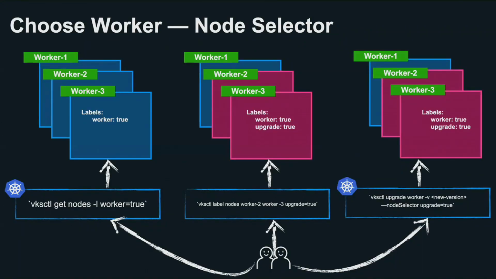In the choose worker phase, we implemented the feature of using a node label selector to choose upgradable workers. Our users can choose to add new labels or use existing labels to mark the upgradable nodes.